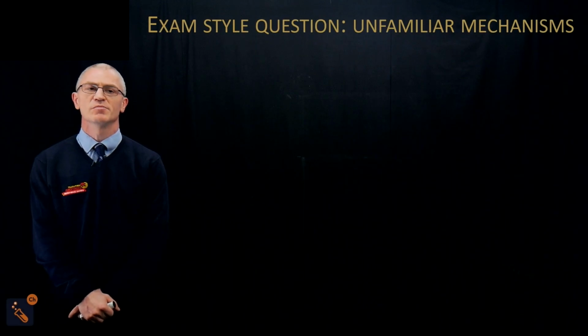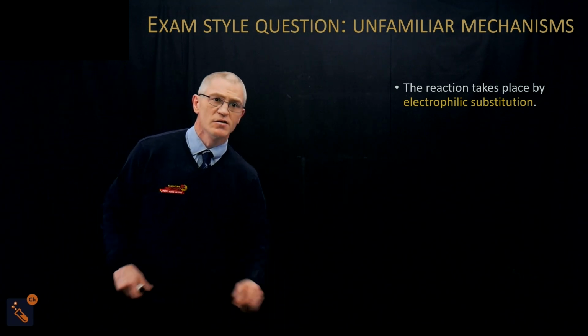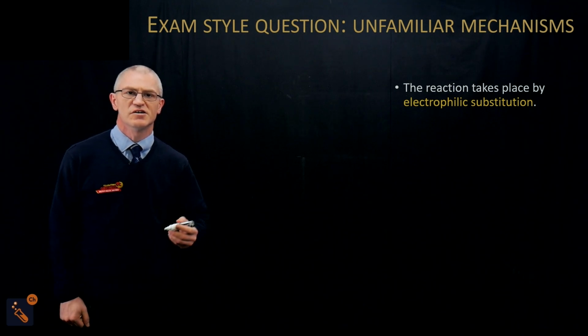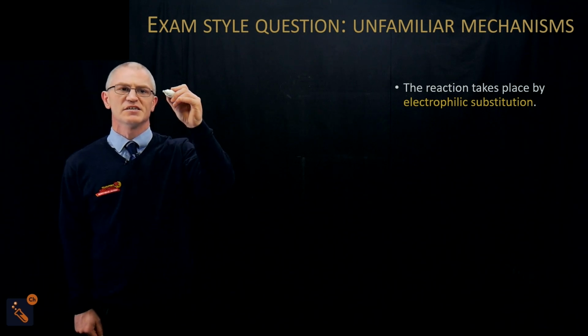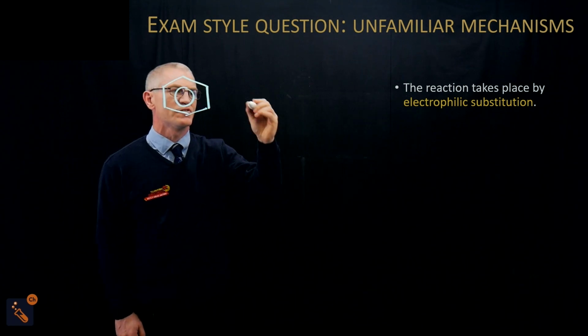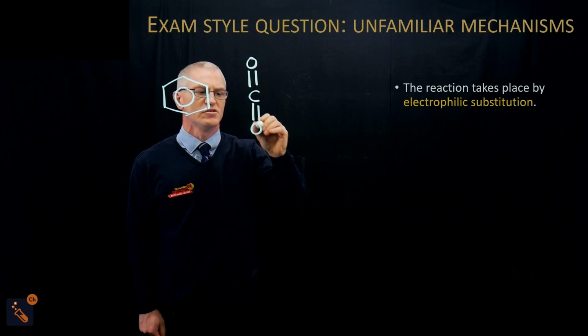Lastly, we're going to go through some unfamiliar mechanisms, and these are all of electrophilic substitution. So I'm going to show you the general way in which they'll be done. They'll be done by basically giving you benzene and then adding an electrophile. The electrophile in this case will be carbon dioxide.